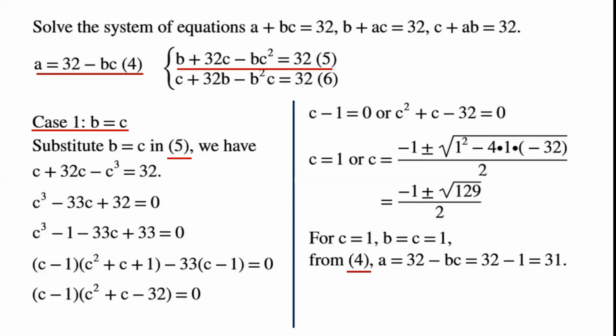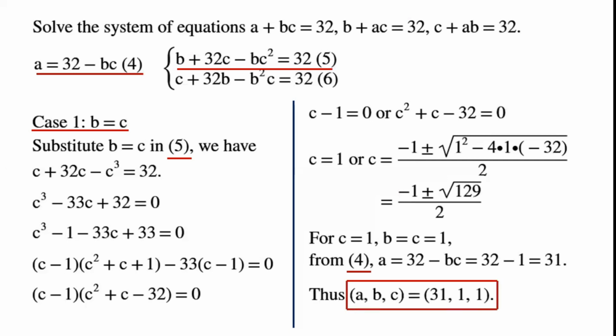For C equals 1, B equals C equals 1. From equation 4, A equals 32 minus BC, which is equal to 32 minus 1, which is 31. Thus, A, B, C equals 31, 1, 1.